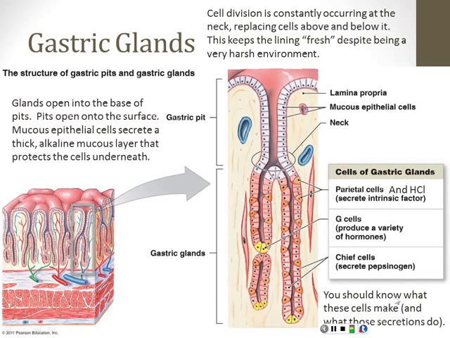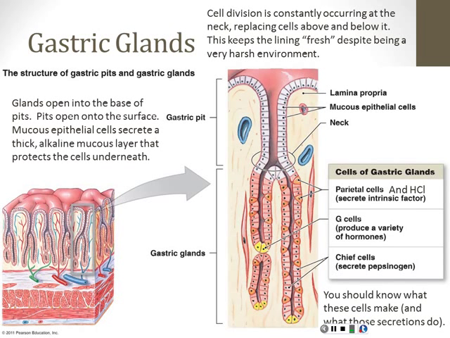We've talked before about how anytime you see this -ogen at the end of a protein name, that means it's an inactive precursor. So pepsinogen is released, it travels up the gland, and acid in the stomach turns pepsinogen into pepsin. And pepsin digests proteins. Pepsin begins that process of protein digestion by turning large protein pieces into smaller ones.